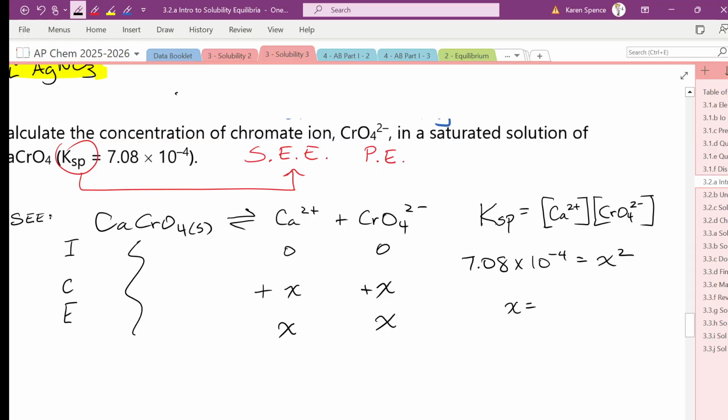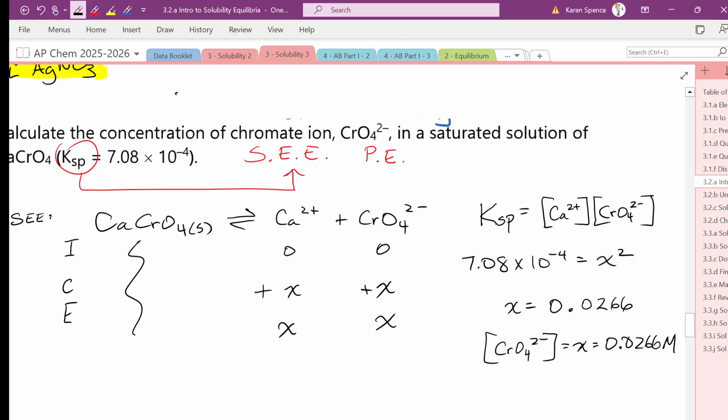X is equal to the square root of 7.08 times 10 to the negative 4, which is 0.0266. So the concentration of CrO4 2- is X, 0.0266 molar.